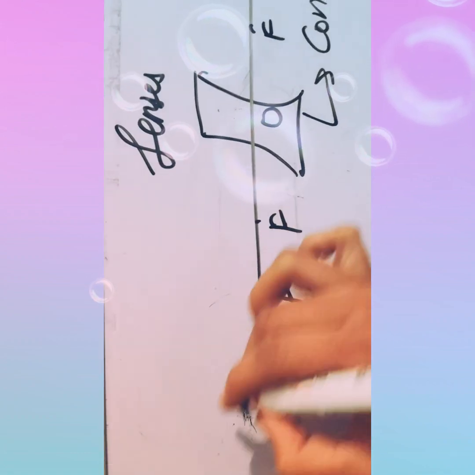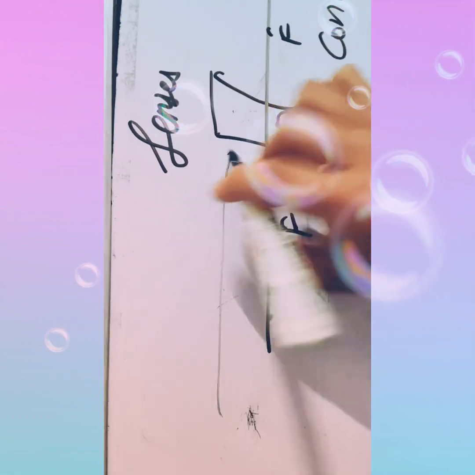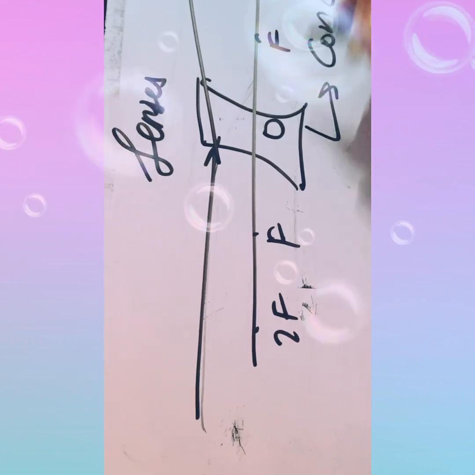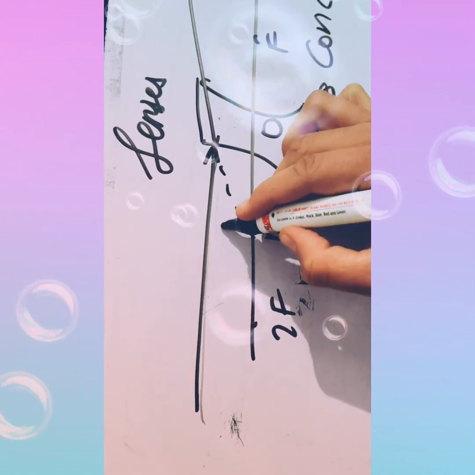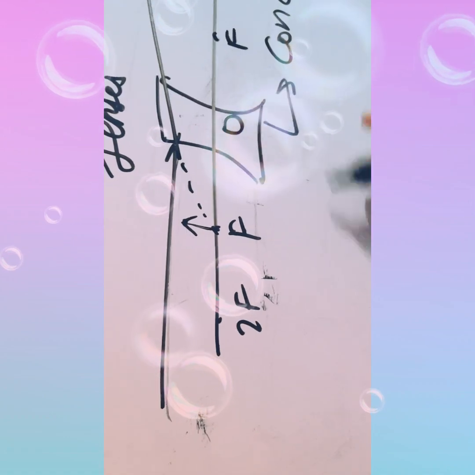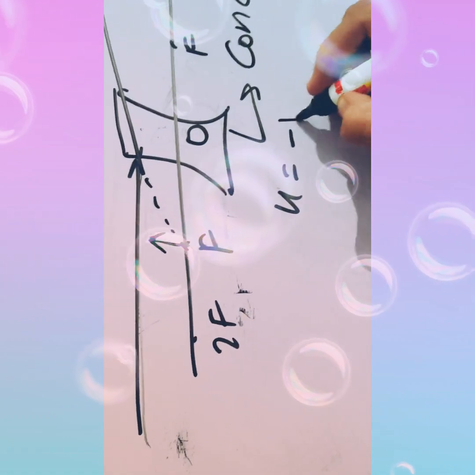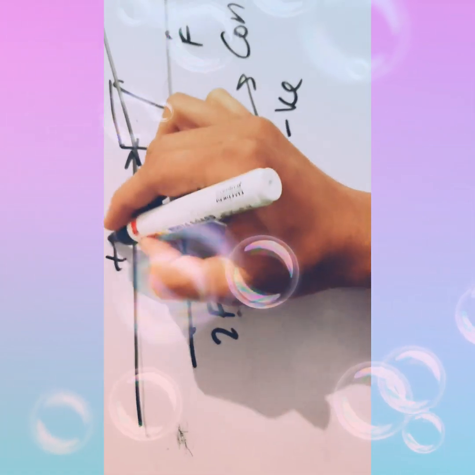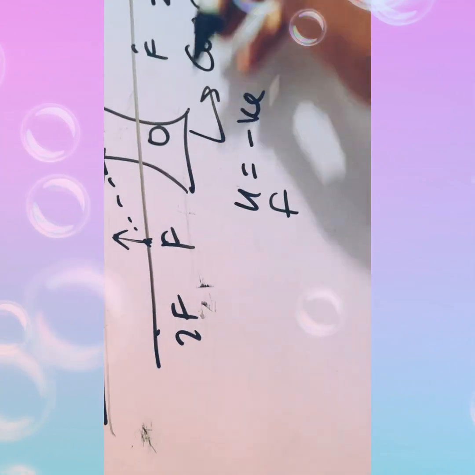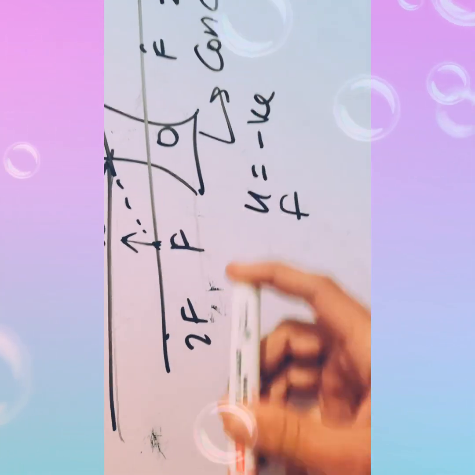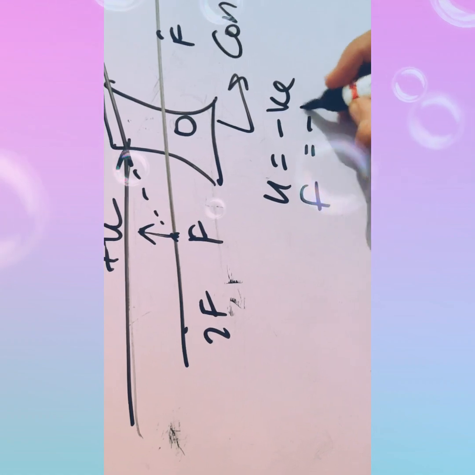It's easy. When the light is coming from this direction, it will diverge, as it is a diverging lens. But we can assume the light to be here. So in this case, U is as usual negative. F is opposite to the direction of the light, so it's negative.